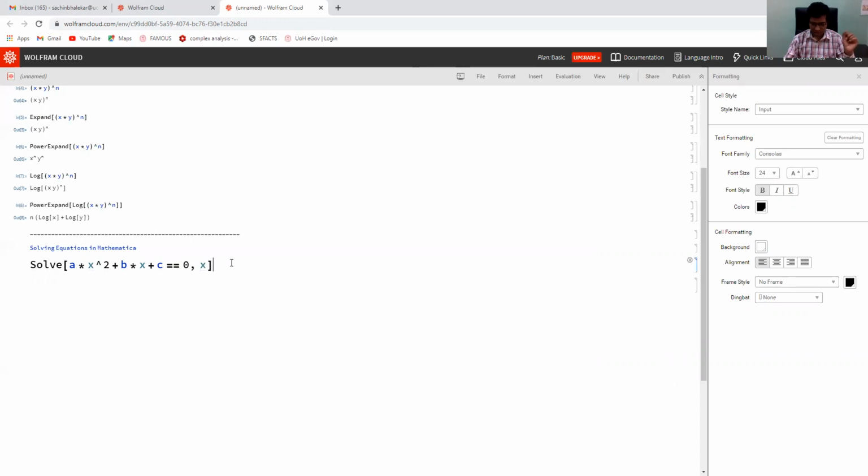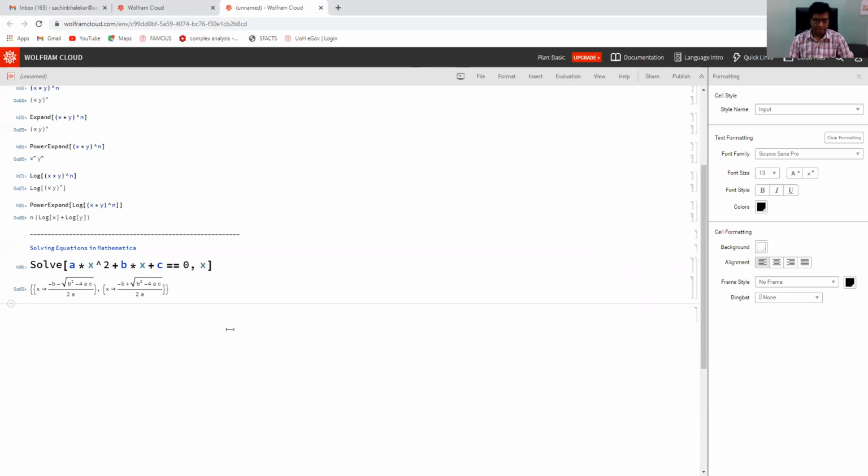Okay, and run. This is your answer. This is the standard formula for finding roots of a quadratic equation: minus b plus or minus square root of b square minus 4ac, divided by 2a.